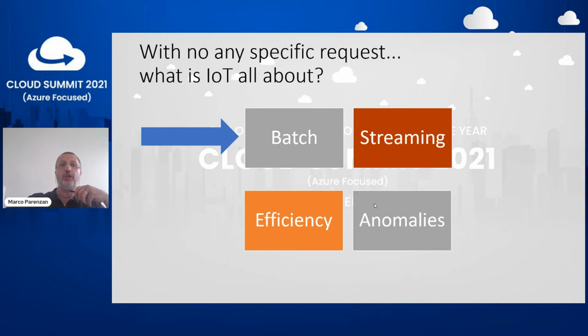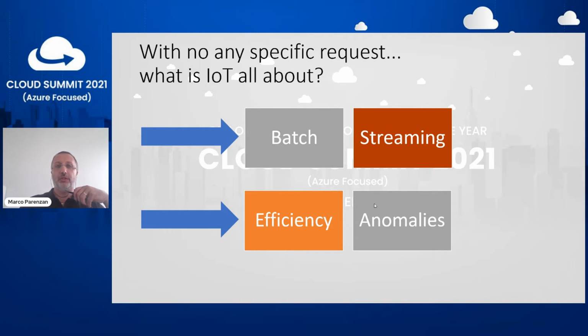That means you collect and then you process data at a later time. You don't always do real-time processing. Why? Because you don't always have a real-time need to discover strange things or outliers that can come in your data. Yes, you always have streaming, but we can start from batch.